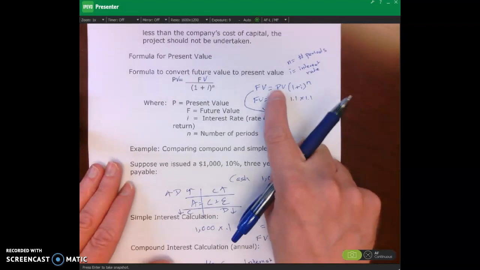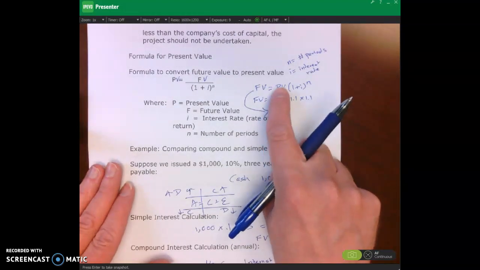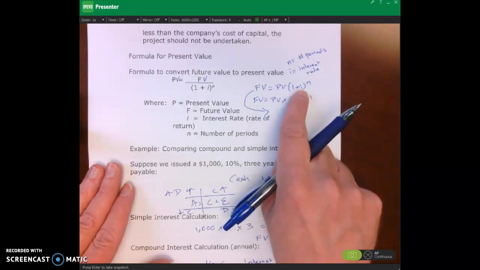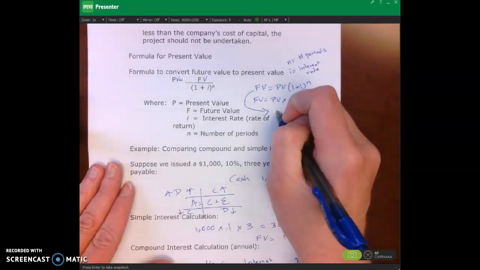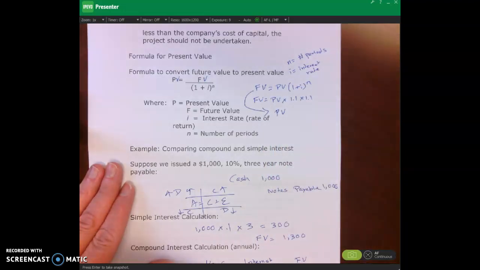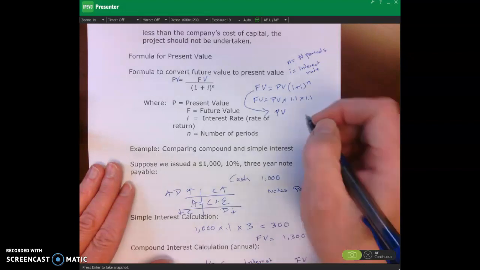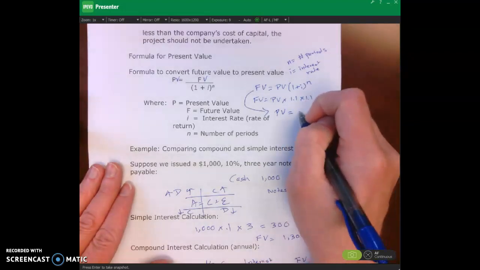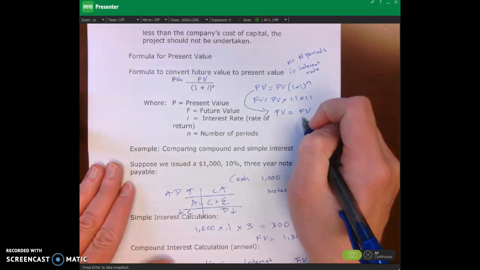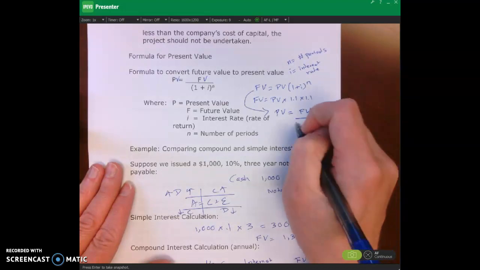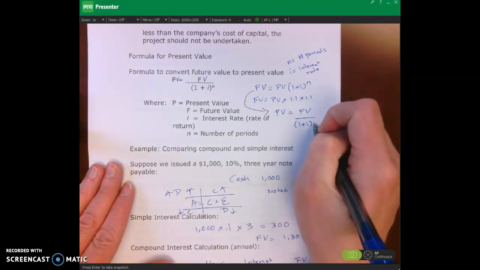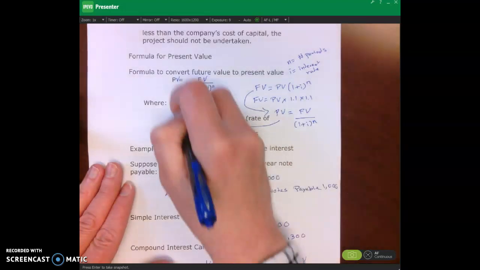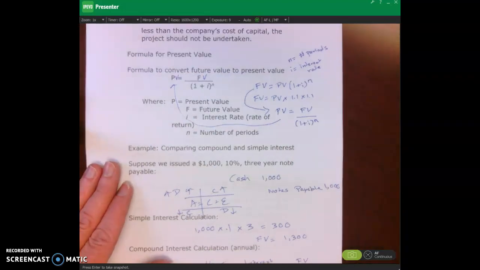If FV equals PV times 1 plus i to the n power, I can do algebra and get the present value formula: present value equals my future value divided by 1 plus i to the n power.